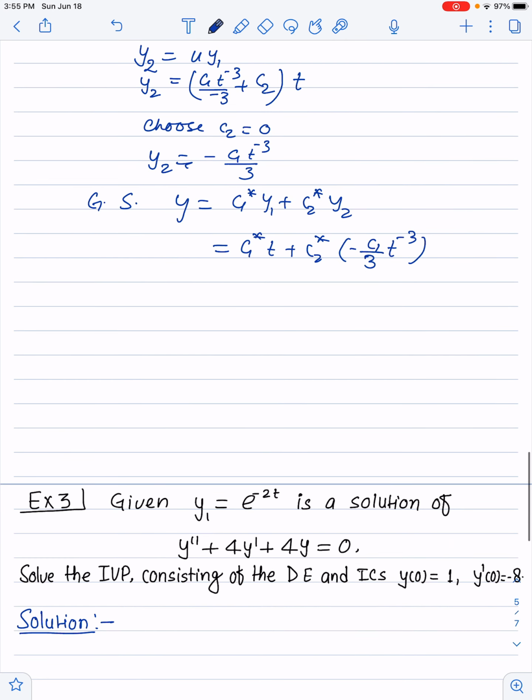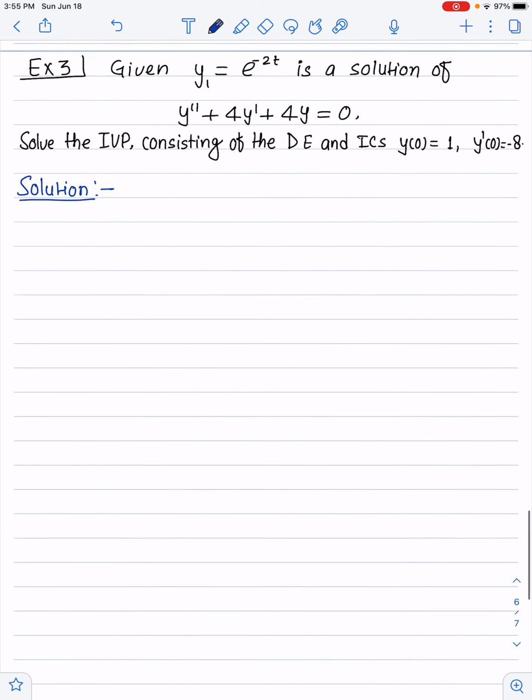You can just use one constant of integration. So c2 star times c1 you can call c3, and then there is a negative sign, so I can drop this positive sign from here: negative t to the negative 3 over 3. So this is the general solution. Okay, all right, so let's do one more question.